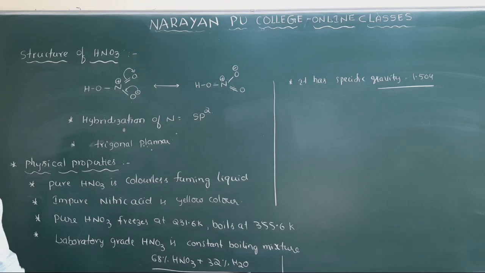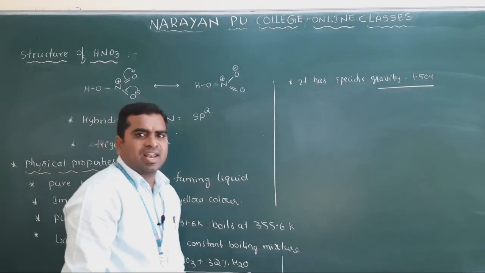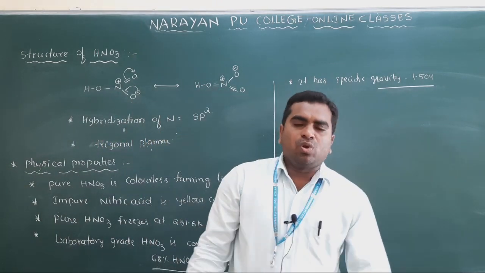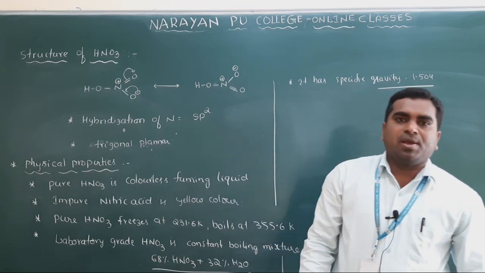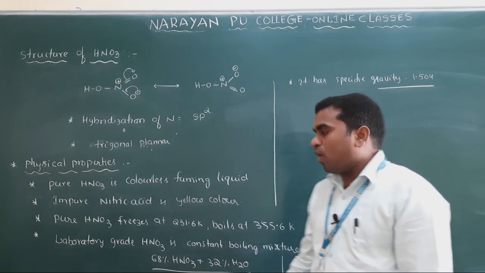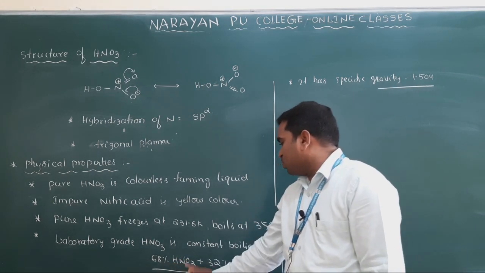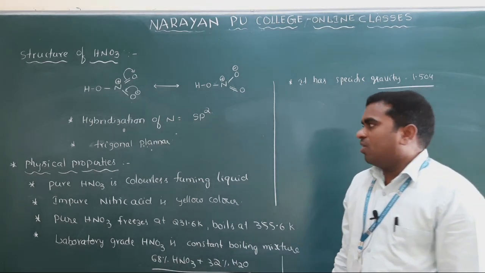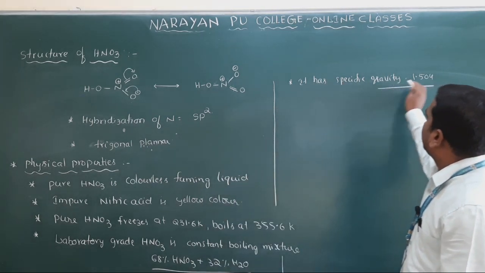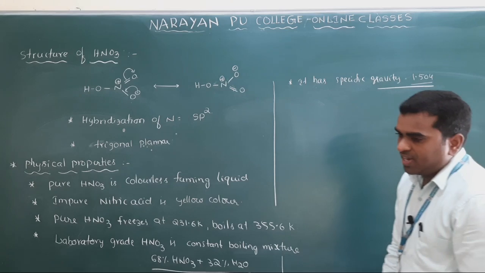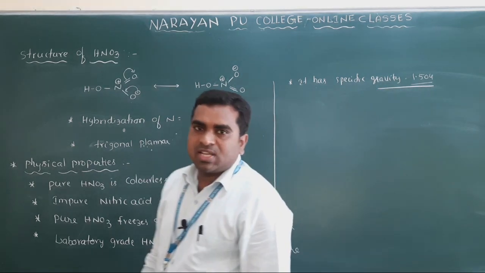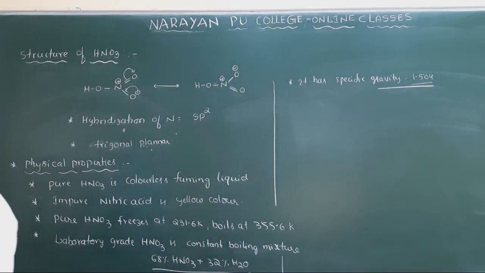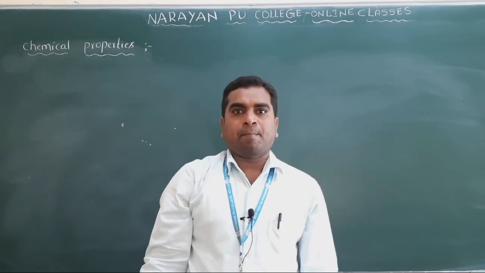Laboratory grade HNO3, what we use in the laboratory, is a constant boiling mixture, that is an azeotrope, and forms at 68% of HNO3 and 32% of water, and it has a specific gravity of 1.504. This is about the structure and physical properties of HNO3.